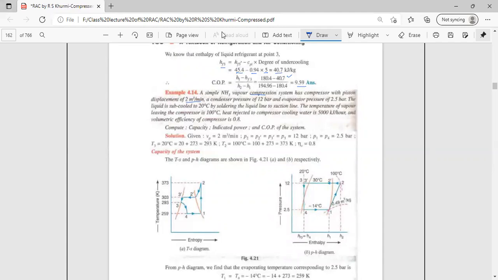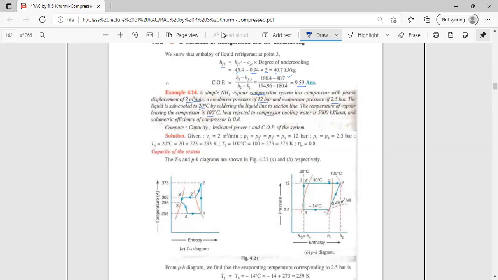The condenser pressure is 12 bar, meaning the high pressure of the system, and the evaporator pressure is 2.5 bar, meaning the low pressure. The liquid is subcooled by 20 degrees centigrade by soldering the liquid line to the suction line itself. The vapor leaving the compressor is superheated by 20 degrees centigrade.